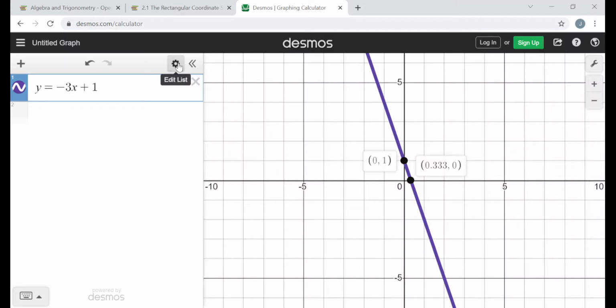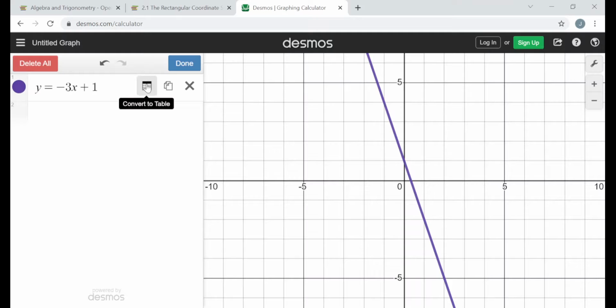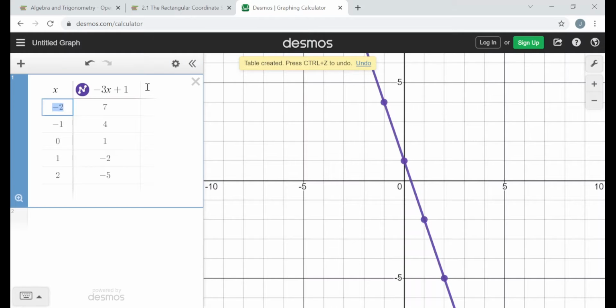And if I go to a table and make a table for this, see a bunch of other points, negative 2, 7, negative 1, 4, that's right here, that's one of the points I plotted. 0, 1, another point, 1, negative 2 is a point I plotted, right? And then 2, negative 5 is another point I plotted.